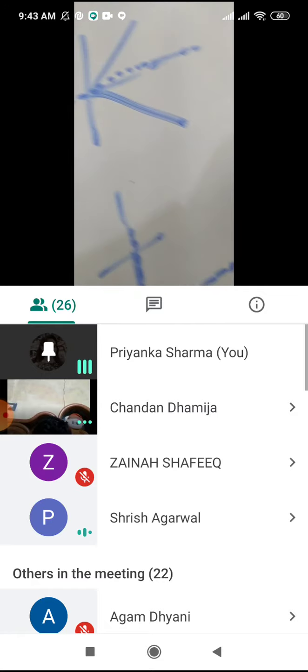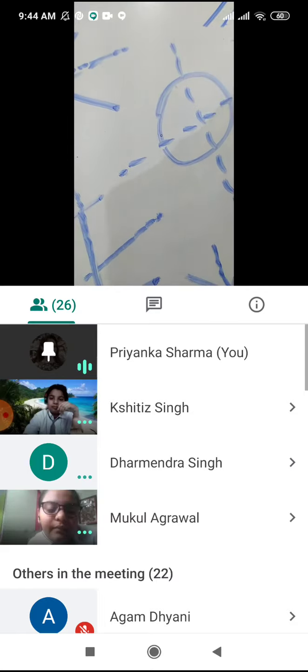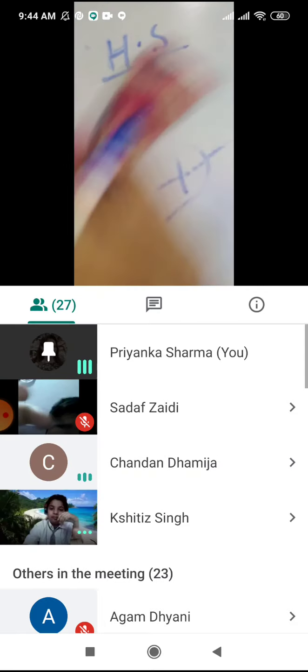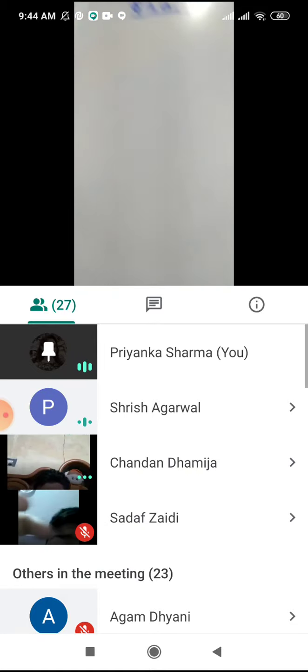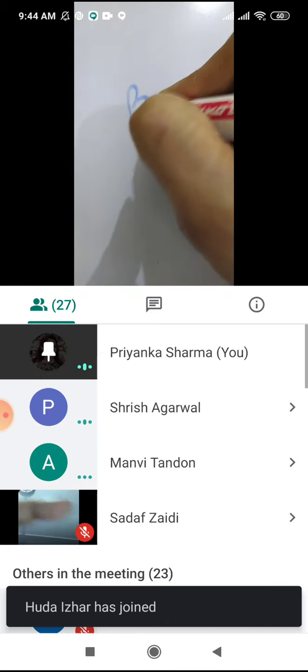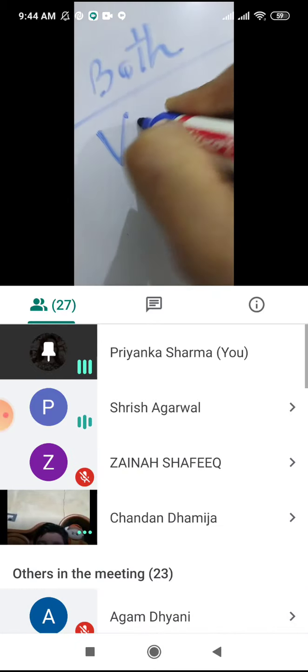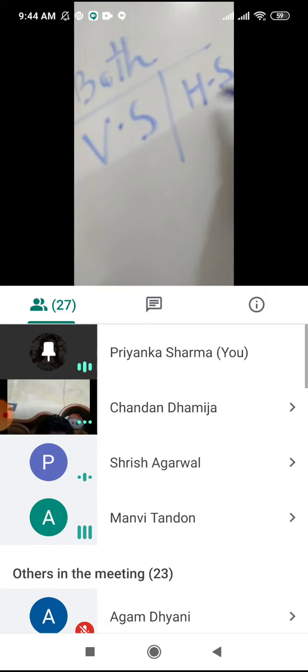Yes. O. O can be divided vertical line also, horizontal line also. So now we are coming on the third category of symmetry lines, that is both horizontal and vertical, that is vertical symmetry and horizontal symmetry.